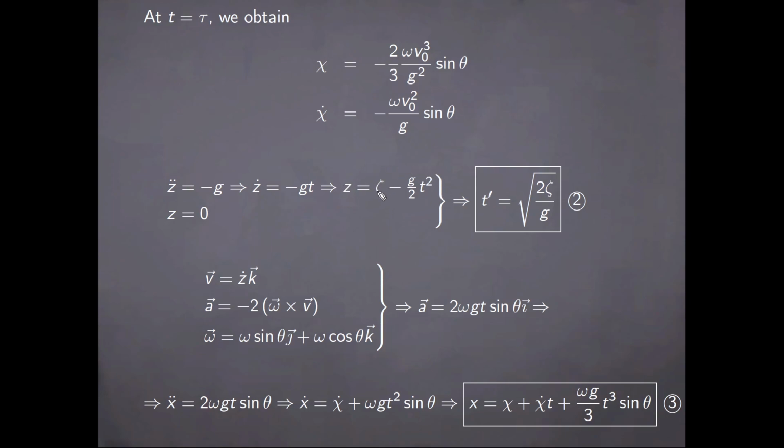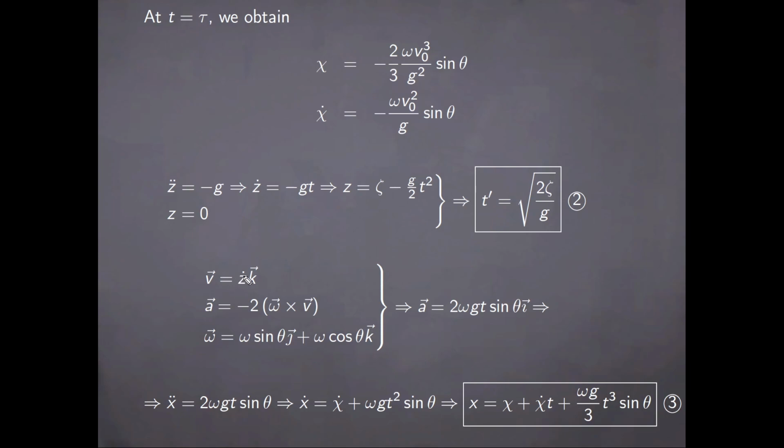So starting from the initial height, it falls according to this law, and now we want to find the time at which the particle has returned to the surface, which obviously follows from imposing this condition in the law here, and we find the result T prime.